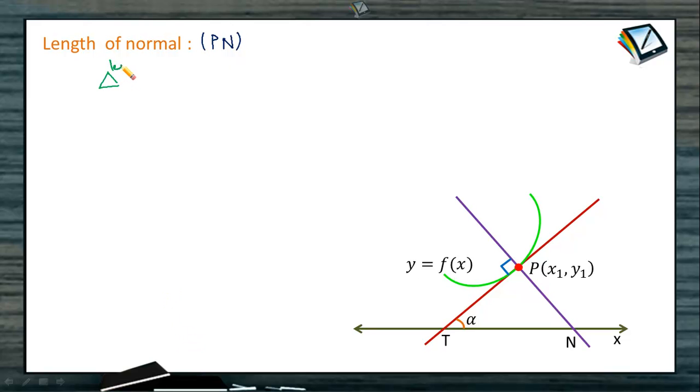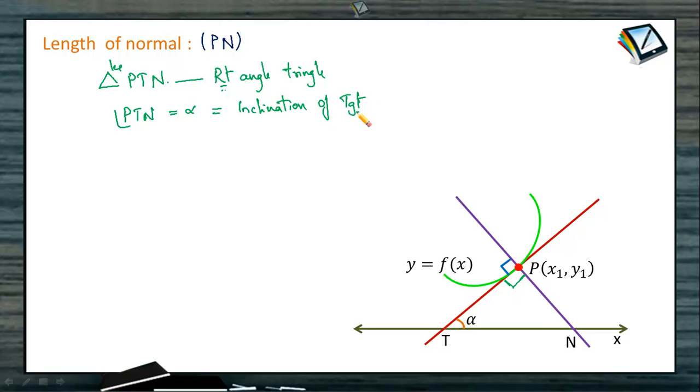Now look at the triangle PTN. Is this a right angle triangle? Yes. Where is the right angle located? The right angle is located at P, because that is the angle between the tangent and the normal. So this is a right angle triangle having the right angle at P, and in the triangle, angle PTN is alpha, which is also the inclination of the tangent.